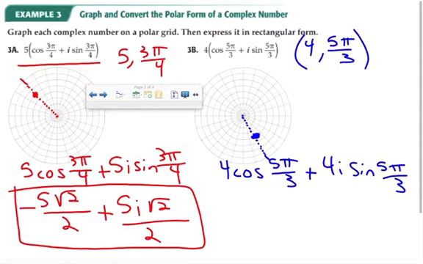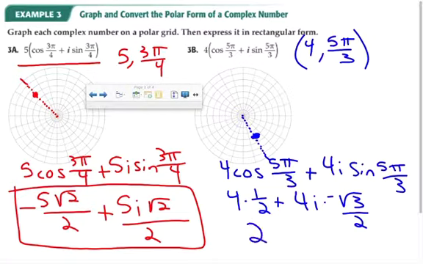Again, they're using the radical form found on your reference sheet. So the cosine of 5 pi over 3 is 1/2. 4 times 1/2 plus 4i times the sine of 5 pi over 3, which is negative radical 3 over 2. And when I simplify this, I've got 2 minus 2i radical 3.